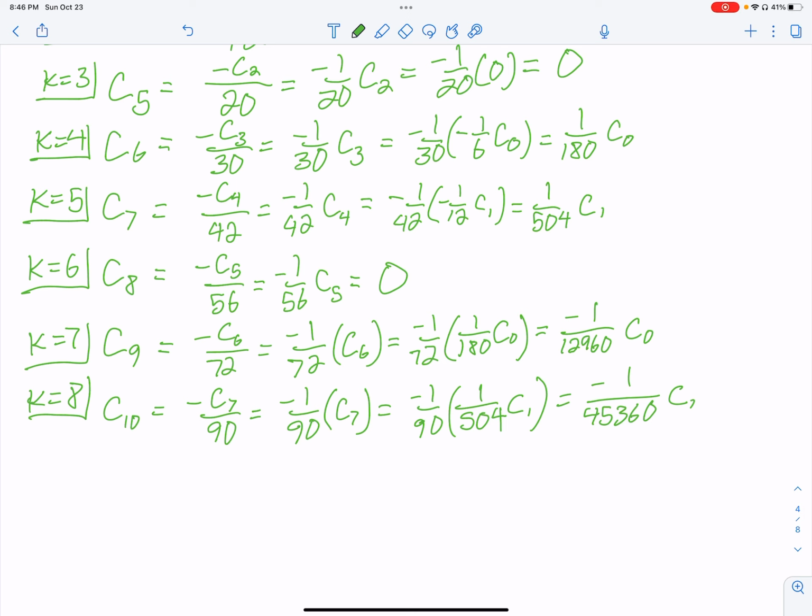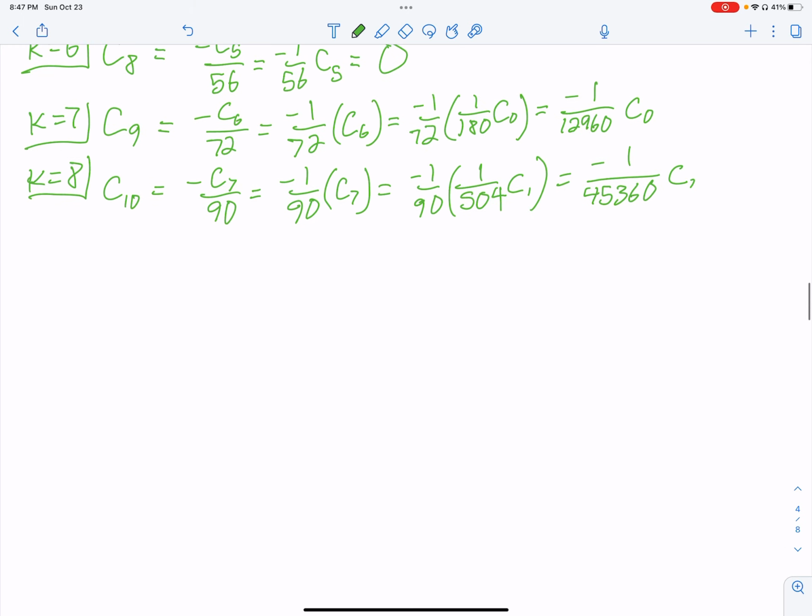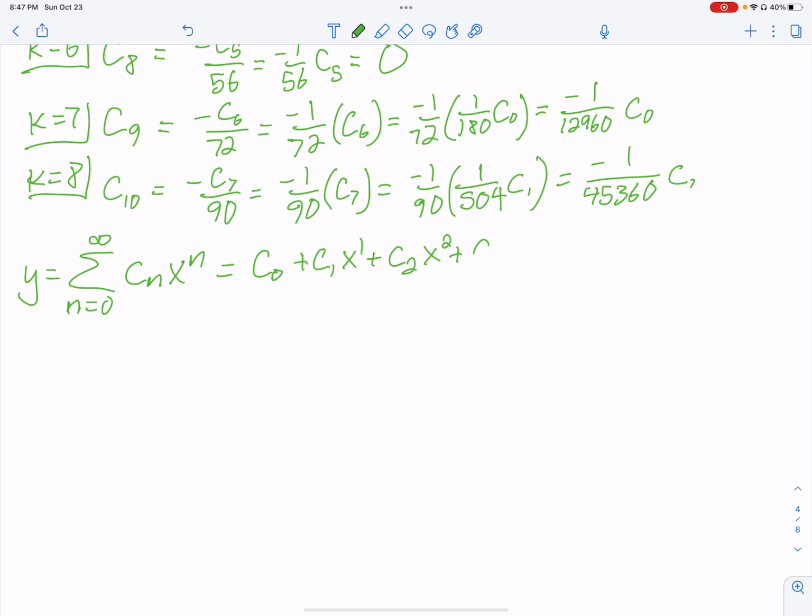I know that's a lot, and this is where it all comes together. So our guess was y equals the summation from n equals 0 to infinity of c_n x^n. What this means is, if I plug in 0, I get c_0 x^0, which is 1, plus c_1 x, plus c_2 x^2, plus c_3 x^3, plus c_4 x^4, and so on.